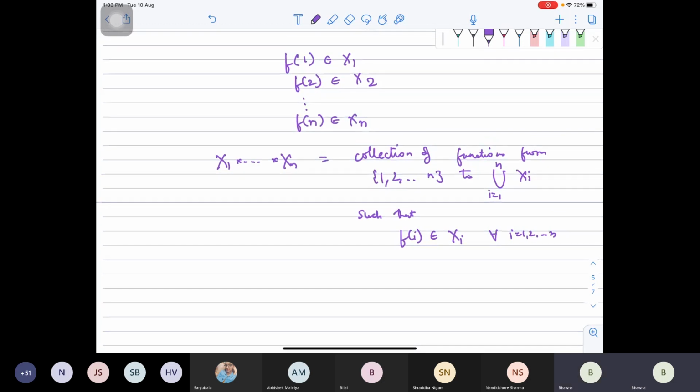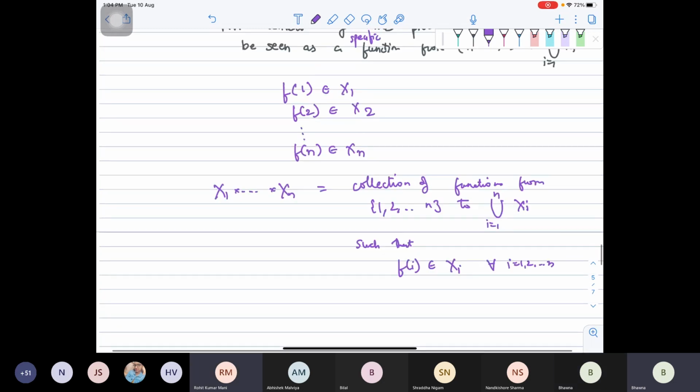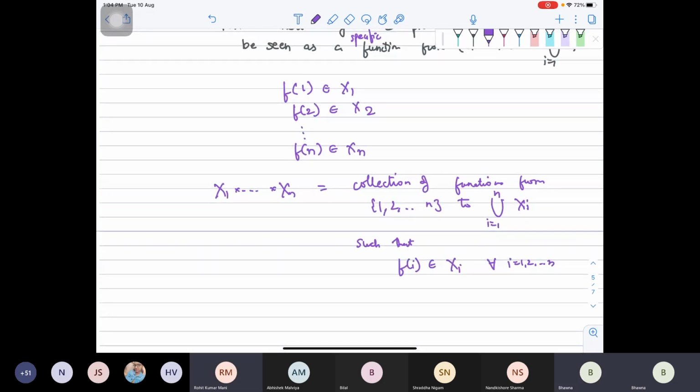Is it clear? Yes, ma'am. So now if you see, this definition becomes order independent. Ma'am, this f1, f2 is also in a form of order. Now I'm not saying it is in any form of order.